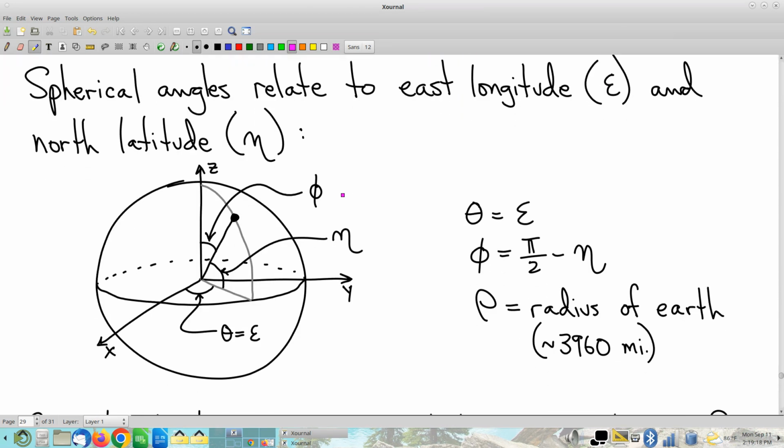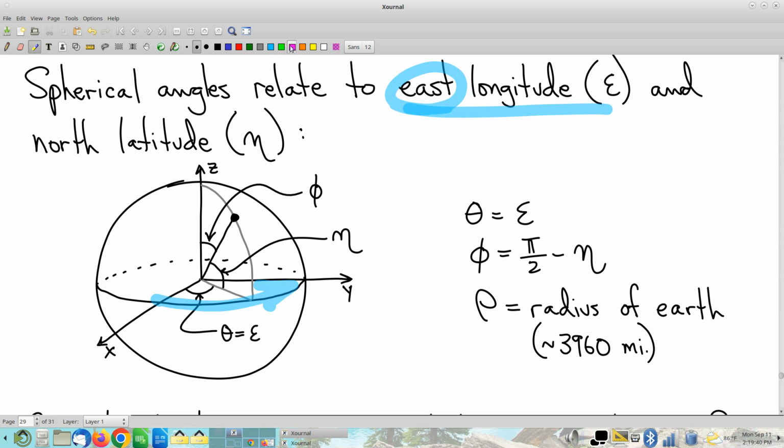Here's a neat fact. We all live on the surface of the Earth, and we describe locations on the surface of the Earth regularly with longitude and latitude. If you're not familiar with longitude and latitude, the big idea, and I'm going to talk here about east longitude, is that east longitude is measured like so.